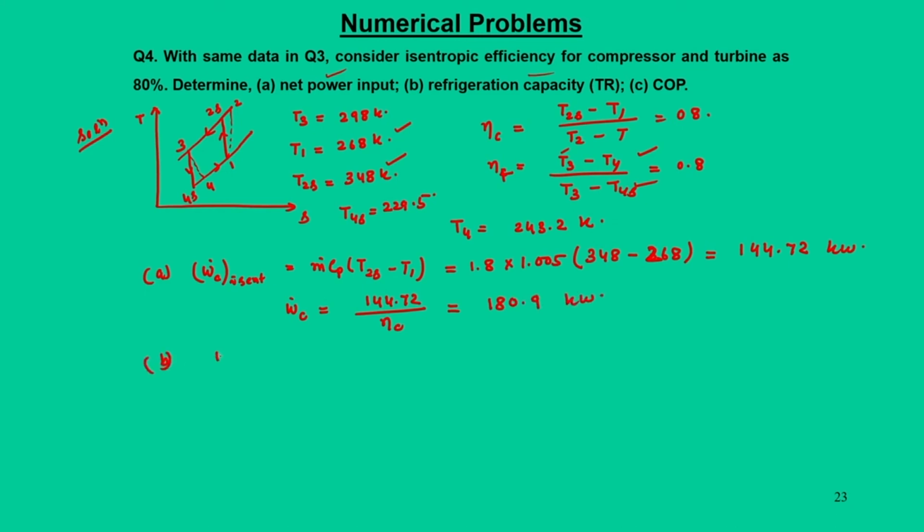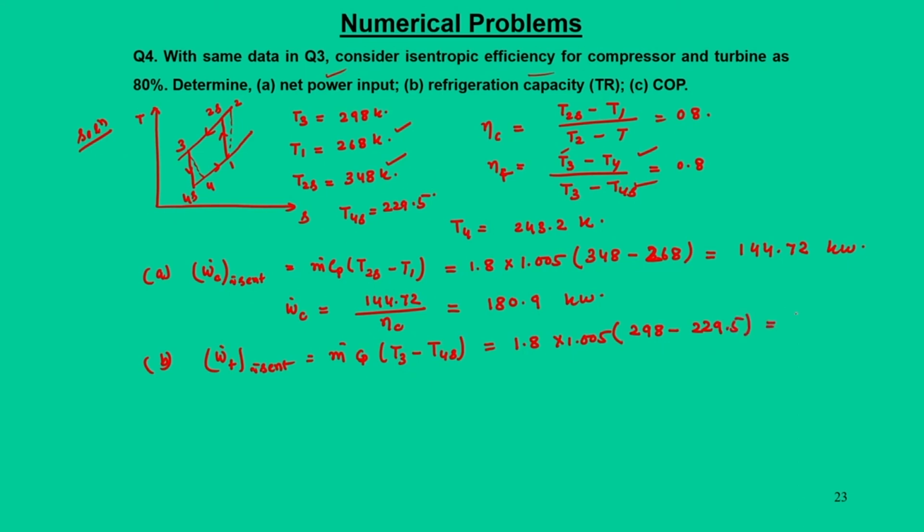Then turbine work W dot T, isentropic, that is m dot Cp (T3 minus T4s), that is 1.8 into 1.005, T3 is 298 minus T4s is 229.5.